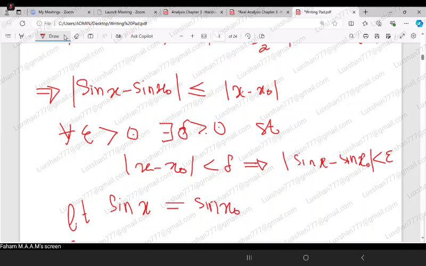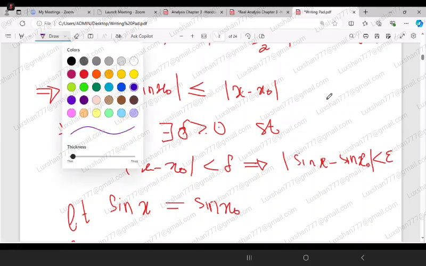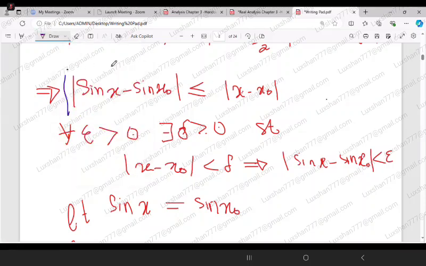So now, from this one, you can understand what is the suitable value for your delta.